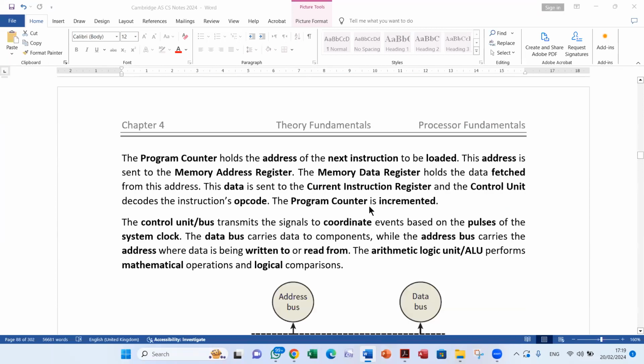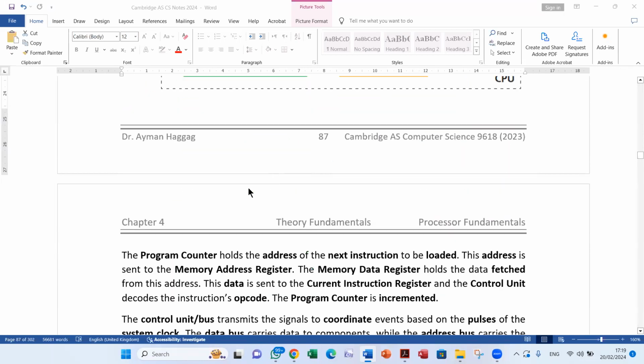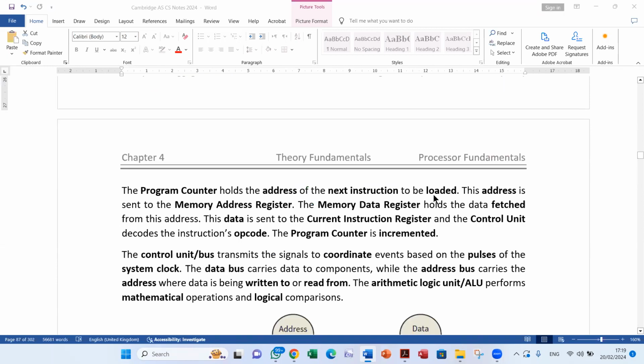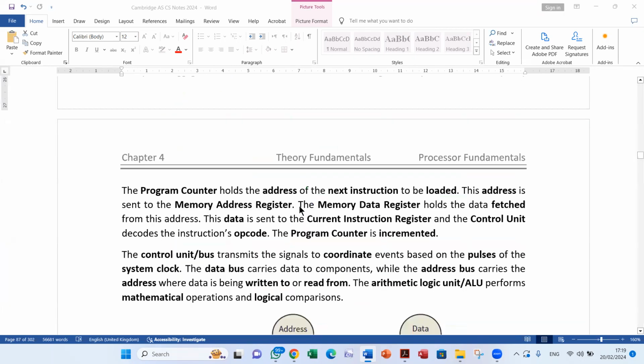Okay, let us read these lines. It may clarify more what we want to study. The program counter holds the address of the next instruction to be loaded.